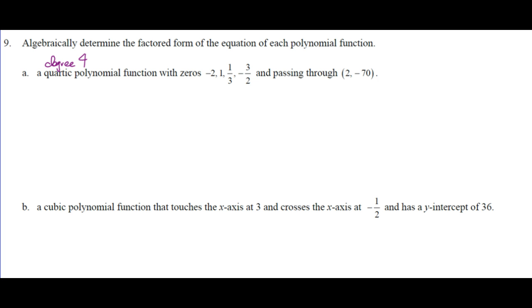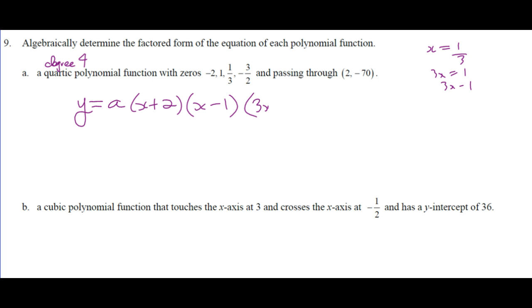Okay. So then we know this is going to look like, well, so we need to get from the zeros, we need to get the factors, right? So y equals. Now, we don't know the leading term, right? But we do know it goes through a point, so we're just going to stick a value a there, right? And then we're going to say, okay, x plus 2, x minus 1. Hang on, I'm slow. 3x minus 1.